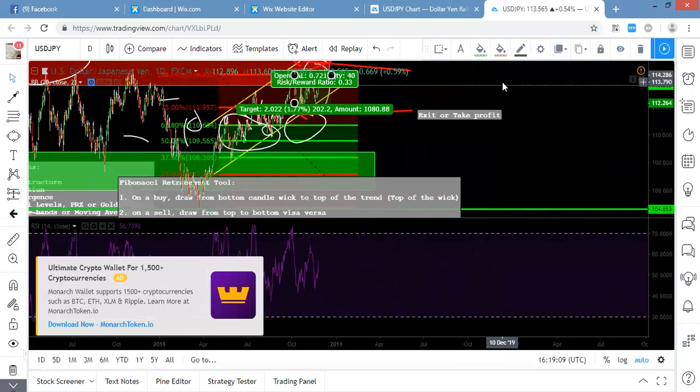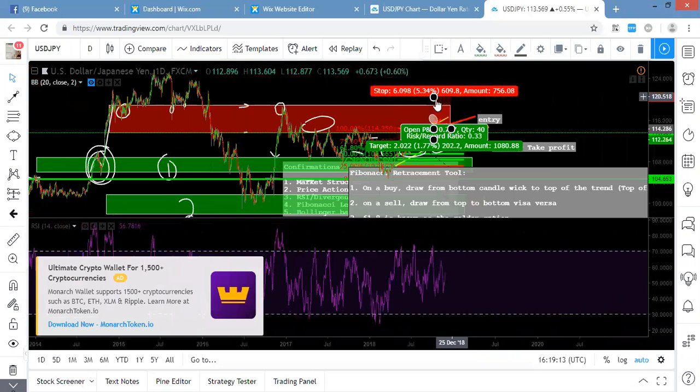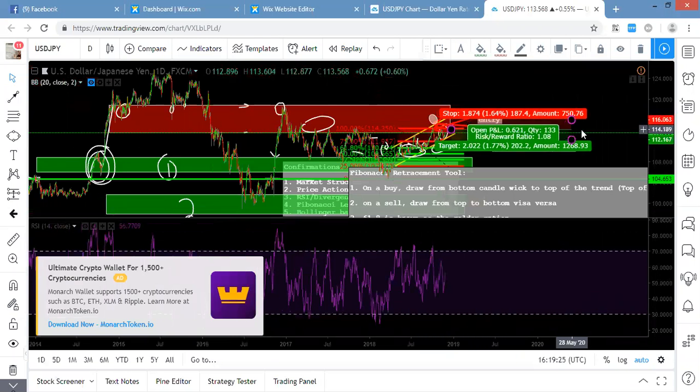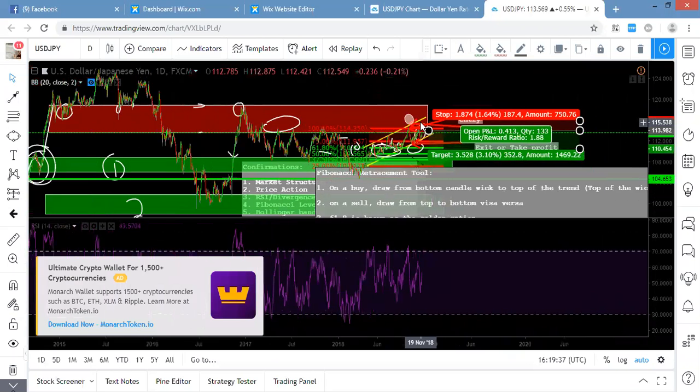Disappeared on me. Oh, the chart's acting funky. We're going to pull this down to our stop loss. And see, this is a little difficult because it's coming out pretty big. So in this case, what I'd like to do is zoom in a little bit.